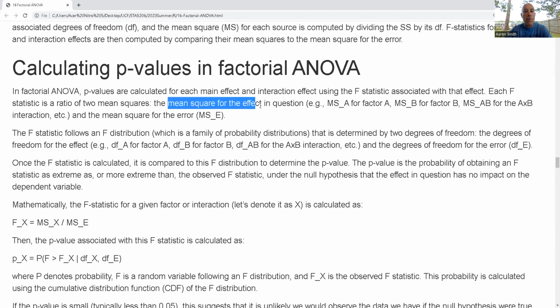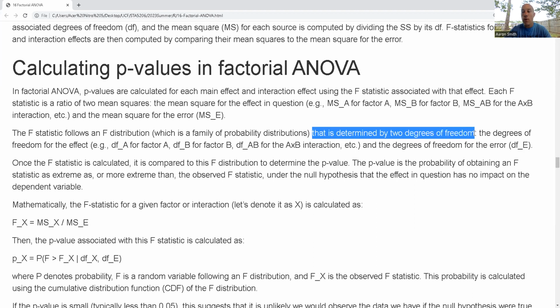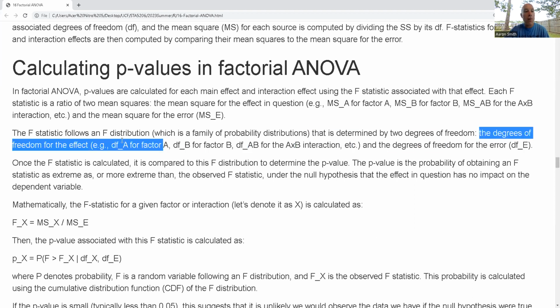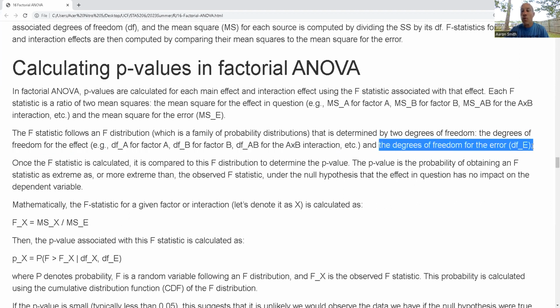So the mean squares of the effect, main effect or interaction, and the mean squares of the error give me that ratio. The F statistic follows an F distribution, which is a family of probability distributions determined by 2 degrees of freedom: the degrees of freedom for the numerator and the degrees of freedom for the error, or the denominator.